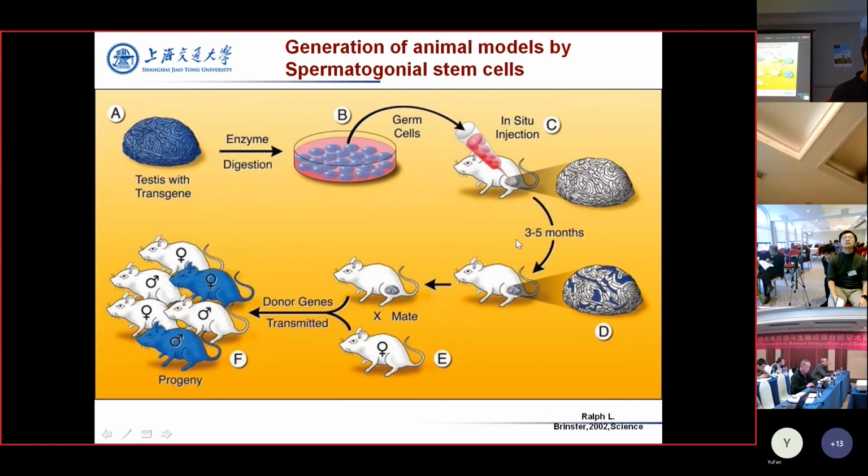After 3 to 5 months, the male is mated with a female, and they get offspring carrying the genetic modification. We can also modify the DNA of the spermatogonial cells in vitro.